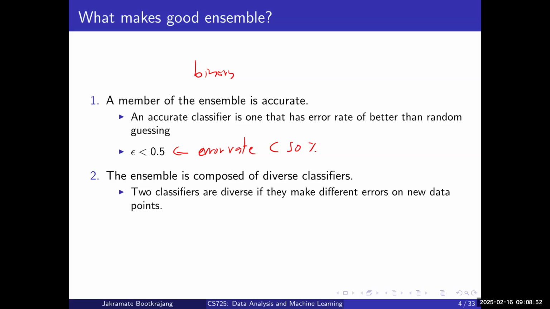And another condition that we have to meet is that we want each classifier to be diverse. So what do I mean by diverse? Diverse means they make different errors on the same data.